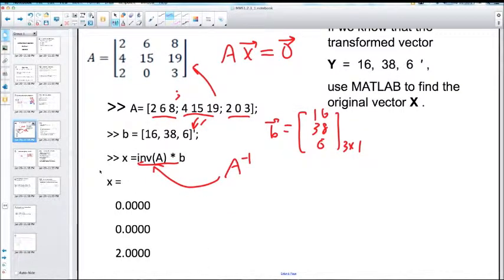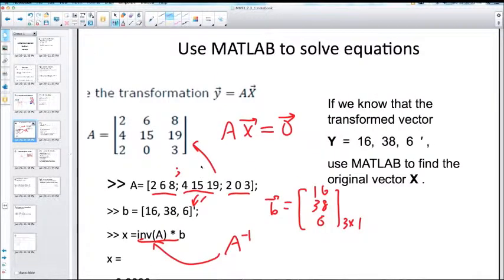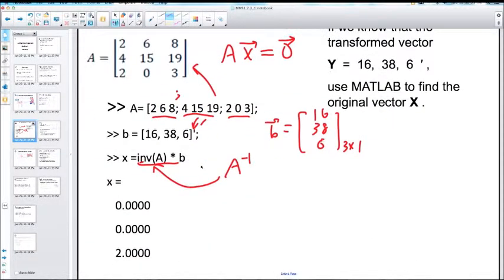Here you go. Your answer is 0, 0, 2. It is 3 lines of MATLAB code: input A, input B, that's how you specify the equation, and then one multiplication of the inverse.